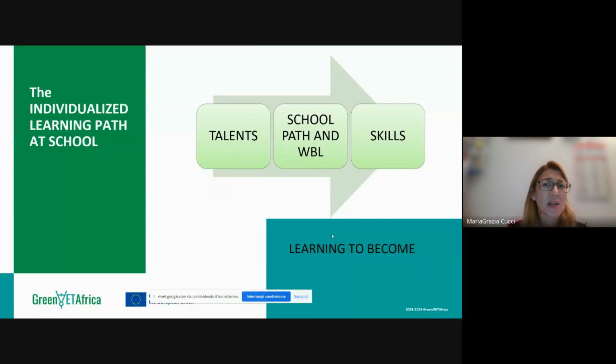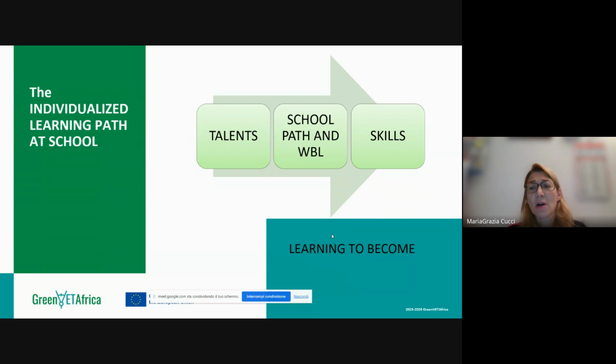Because we are inside the school, starting from this first inquiry, from this first assessment of the talents, we can define a school path and a work-based learning path, always to go towards wider skills.